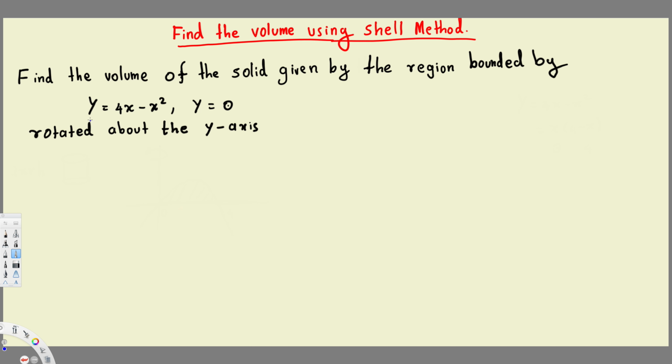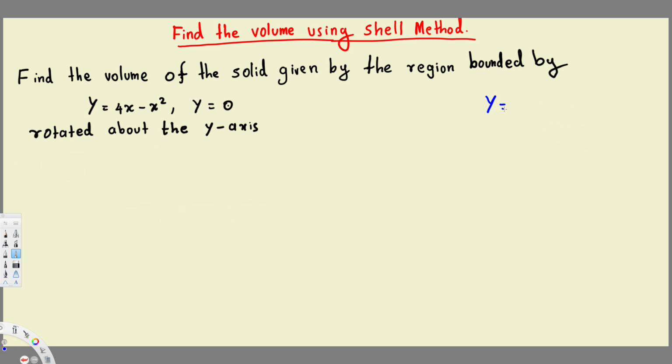So we have the function that's provided, y is equal to 4x minus x square. So this is going to be a parabola, right? Because whenever we have x square, we know it's a parabola, and a negative sign in front of it means it's going to open down. And also we have to find the intercepts, the x-intercepts.